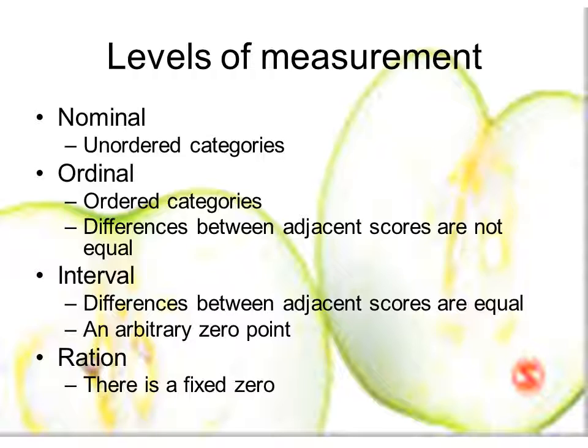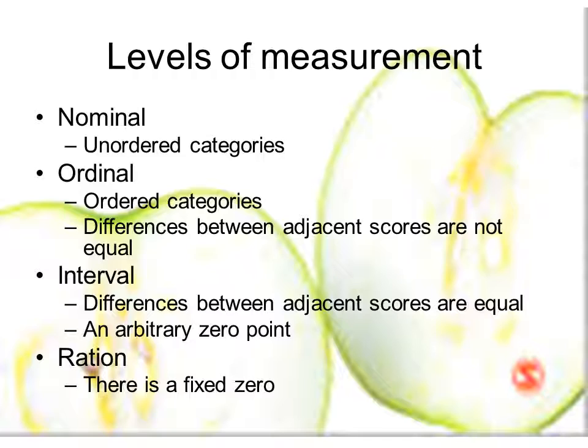Same thing with weight. If we're going to measure somebody's weight, we know that a person is never born without a weight. So talking about 0 as the absolute lowest point, it's still very hard to measure, because even though there is a 0, we can measure weight and we can measure someone's body temperature as being higher or lower, but there's never going to be an actual 0 to measure from.